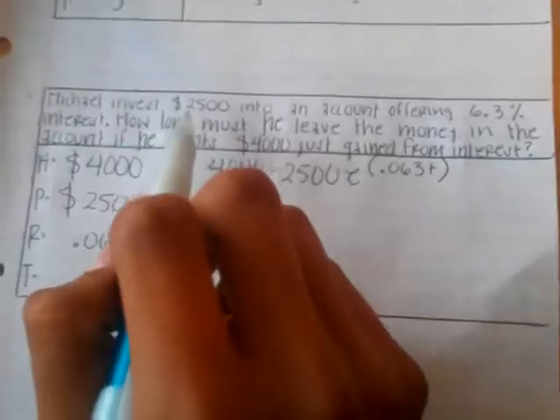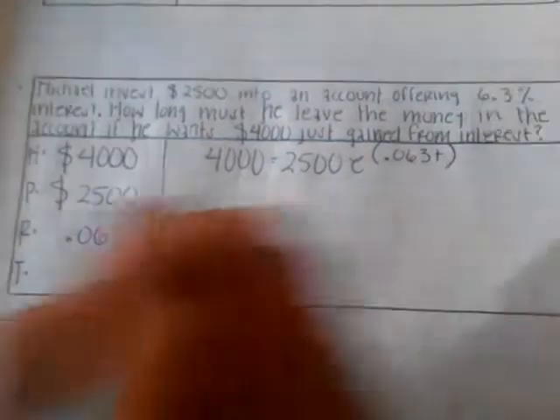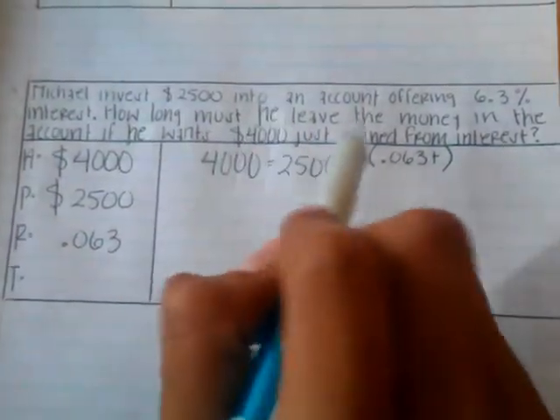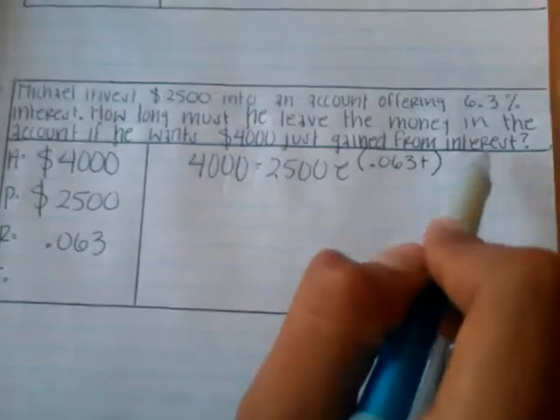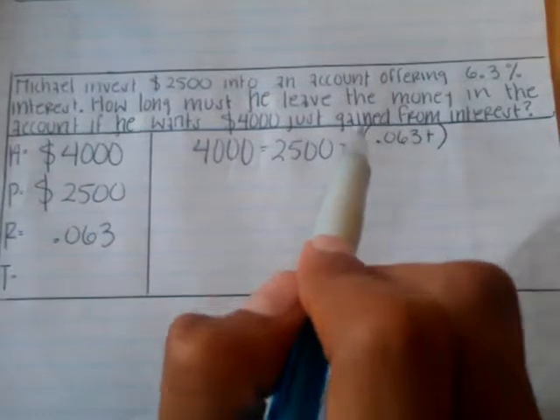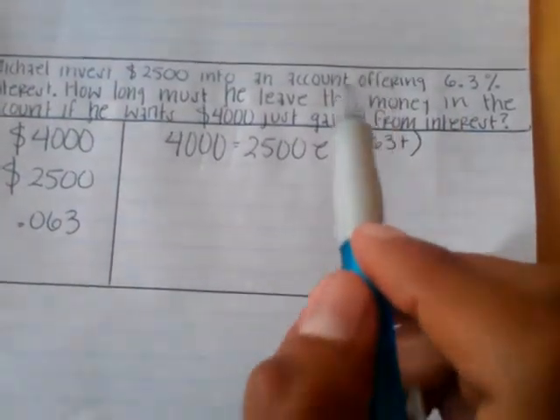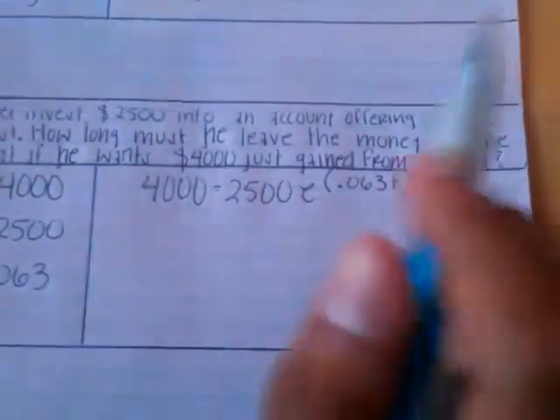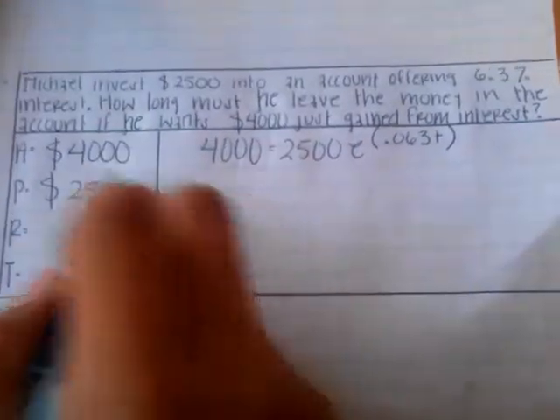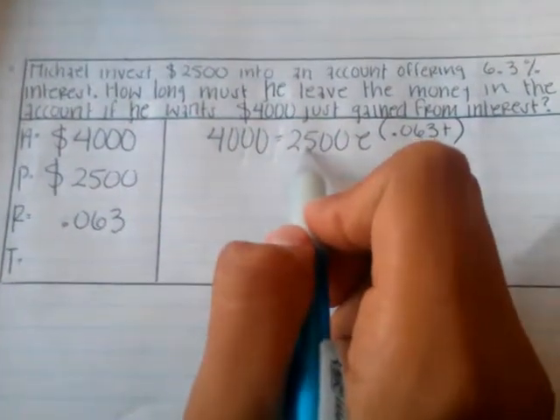Michael invested $2,500 into an account offering 6.3% interest. How long must he leave the money in the account if he wants 4,000 just gained from interest? So this means that I will not be putting any more money into my account, and I would also be using the same equation, A equals P e to the power of rt. So I know that A equals 4,000 and P is 2,500.